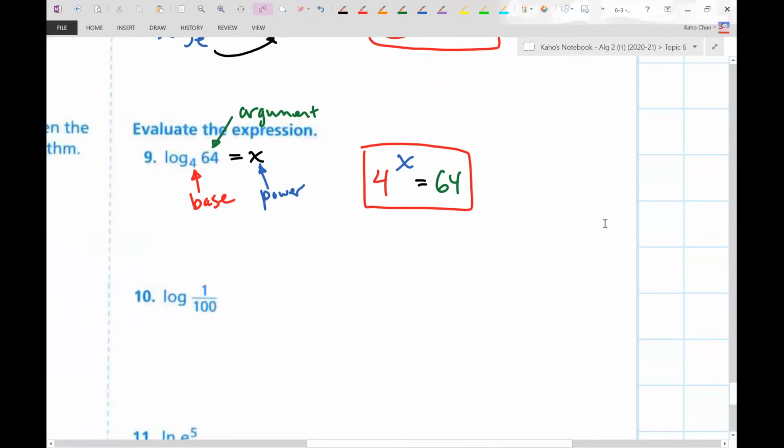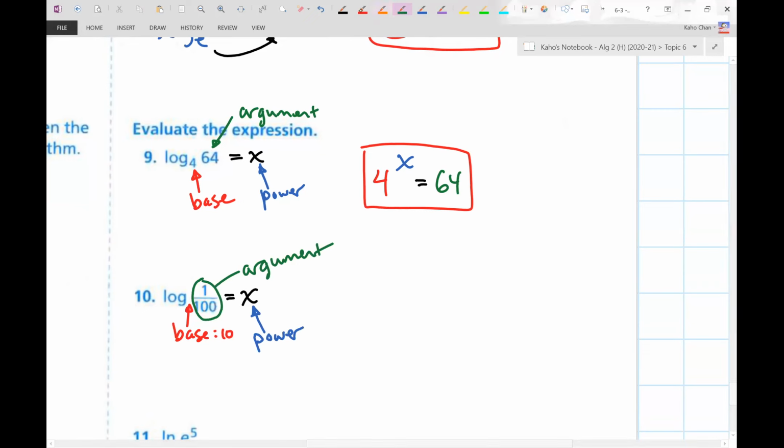Ooh, look at this one. Set that equal to x. We have the base. Oh, there's an invisible 10 right there. And the power's on the other side, of course. And that equals my argument, 1/100th.